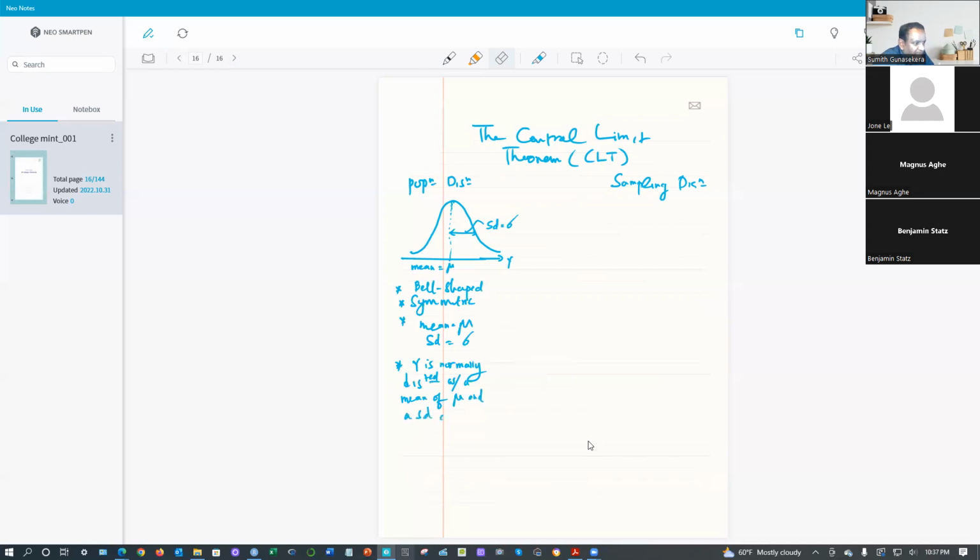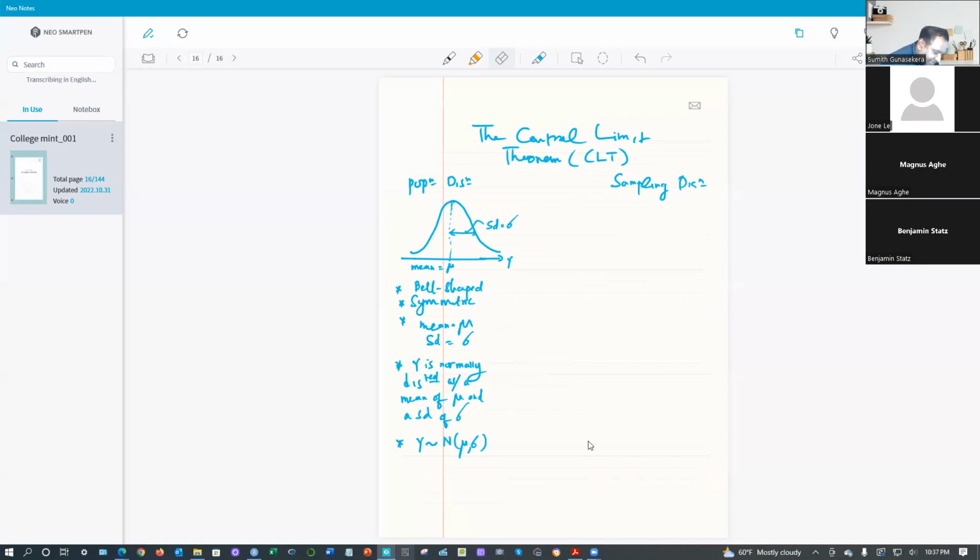That's how we're going to say it. How do you denote that one? Look at how I denote that one. Y tilde N, normally, put the mu first and then sigma. That's the notation. When you write like that, that's more than enough.